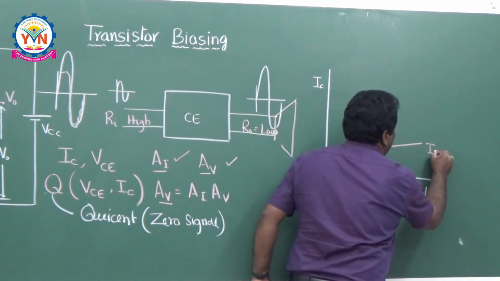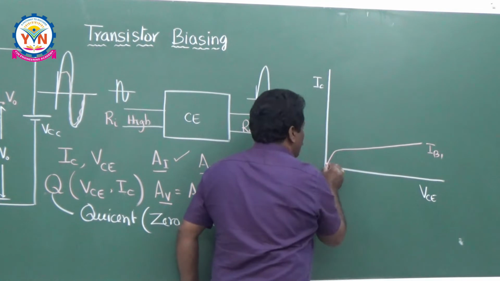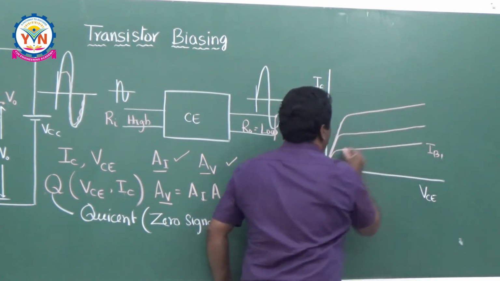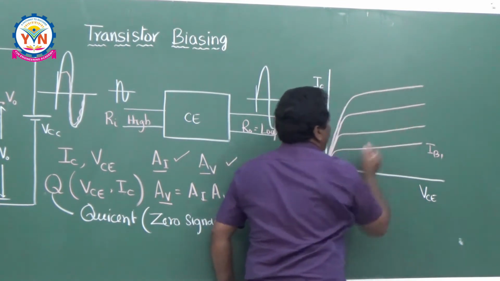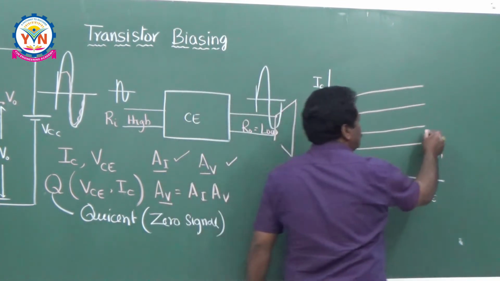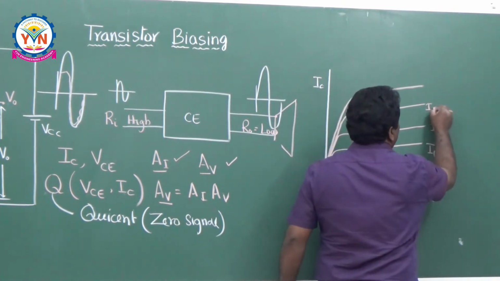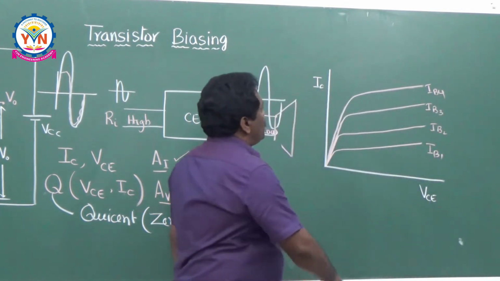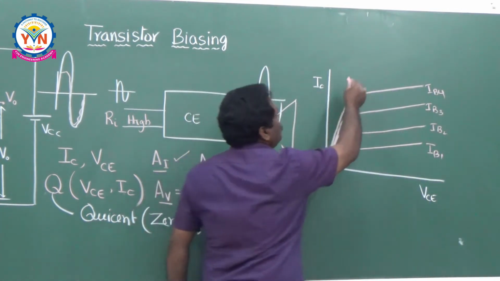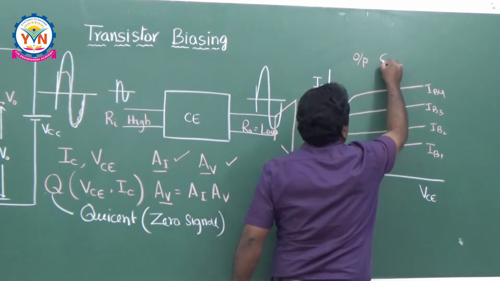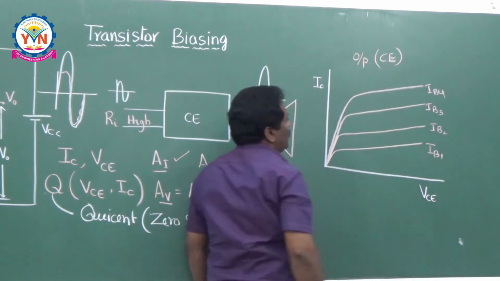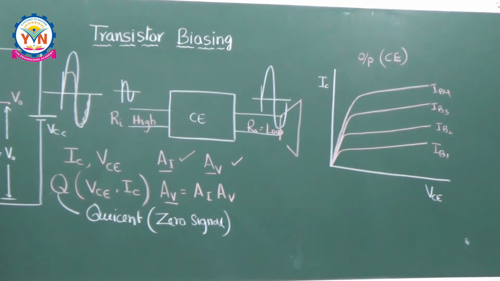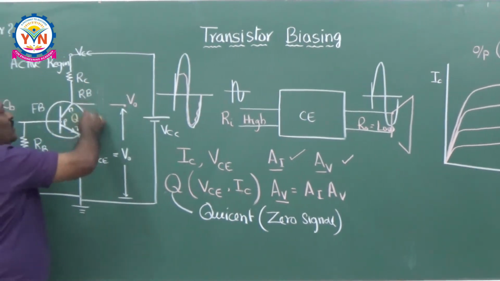So these are IB1, IB2, IB3 and IB4. These are the output characteristics of the CE configuration.